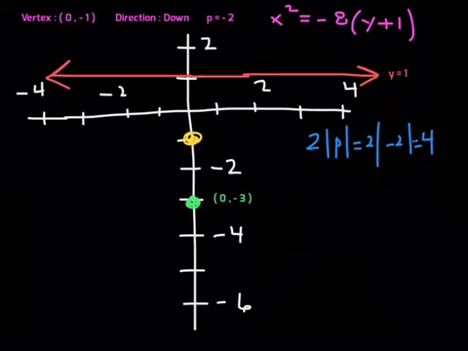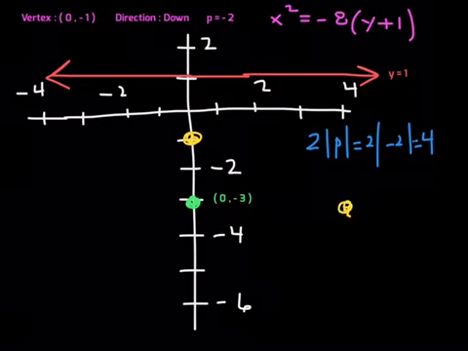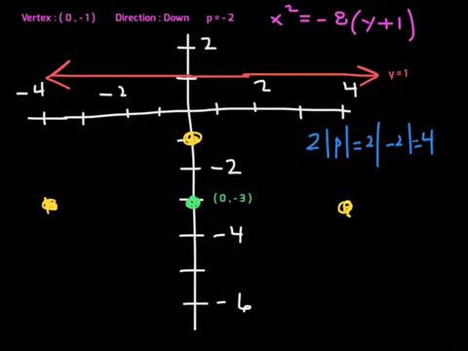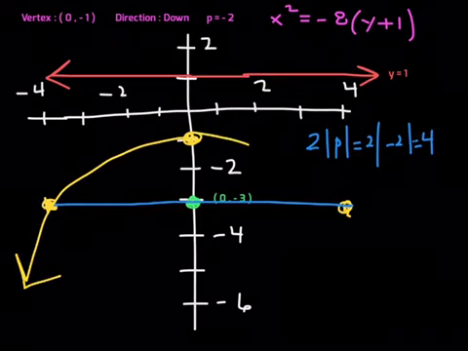So 4 units to the right of the focus would put me at (4, -3), about right there. 4 units to the left will put me at (-4, -3). And so the latus rectum looks like this, and my parabola can be drawn now like this. I know how wide it's opening.